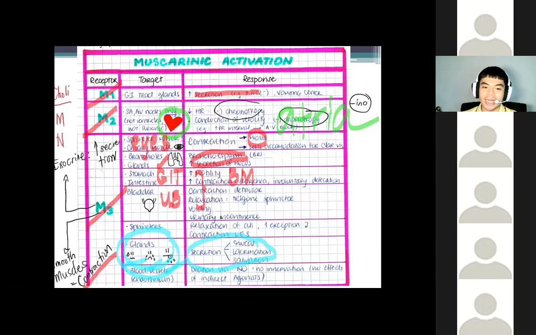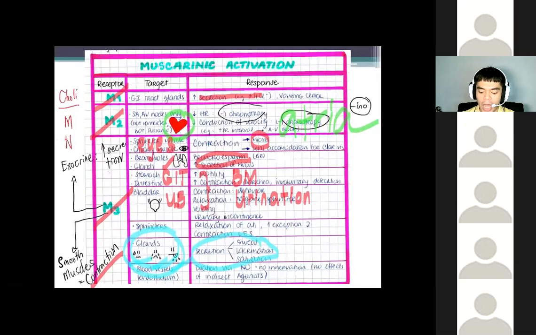Yes, muscarinic 3. And in the urinary bladder, there is urination. So the effects still coincide with the general rule of contraction. Overall, those are the muscarinic receptors.